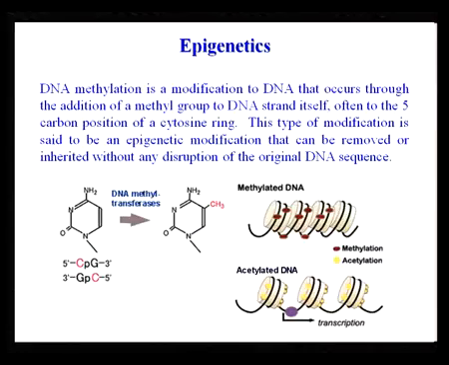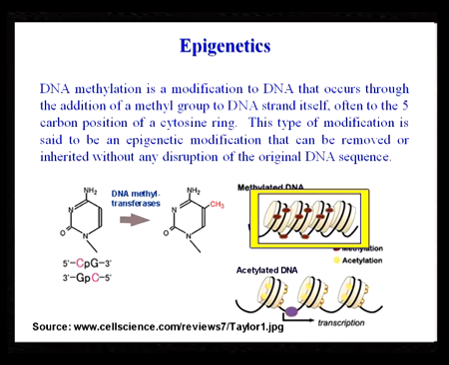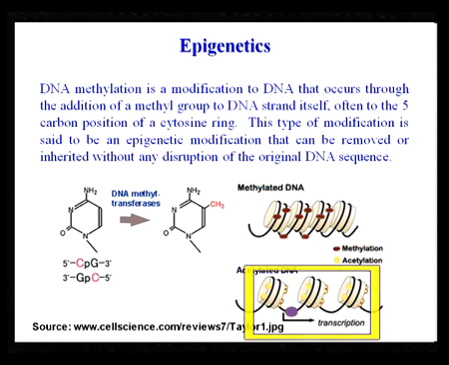The denser component is called heterochromatin, and the lightly stained component is called euchromatin. Heterochromatin is mostly compact DNA, and euchromatin, the lightly stained structure, is relaxed DNA.